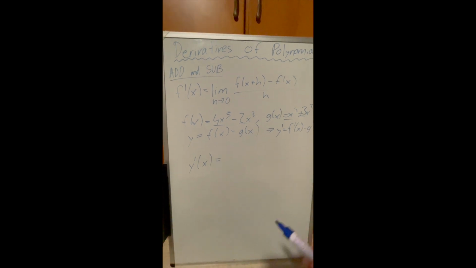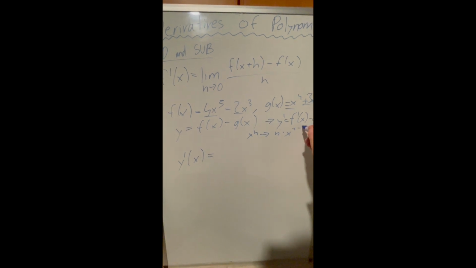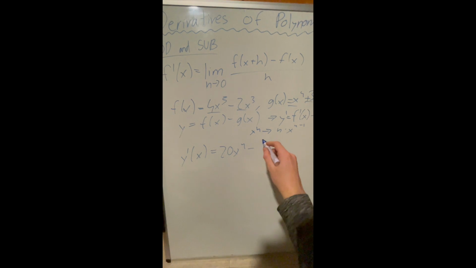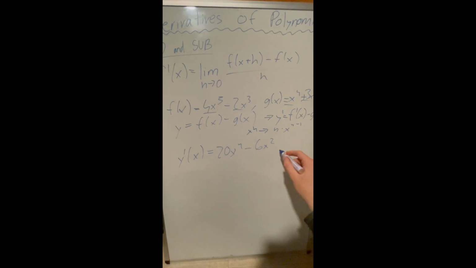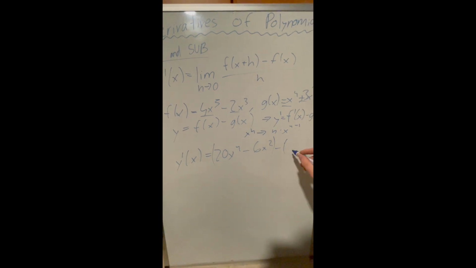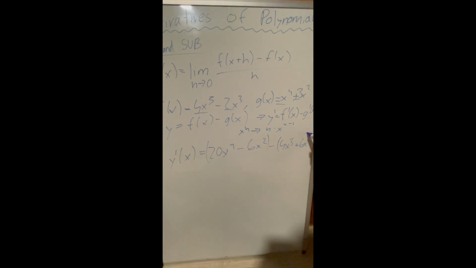We use the concept that we have already used before: x to the power of n is n times x to the power of n minus 1. So 20x to the power of 4, same thing here, minus 6x to the power of 2, minus x to the power of 4 is just 4x to the power of 3, plus 6x.